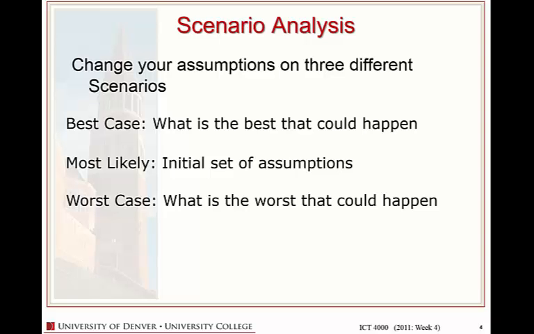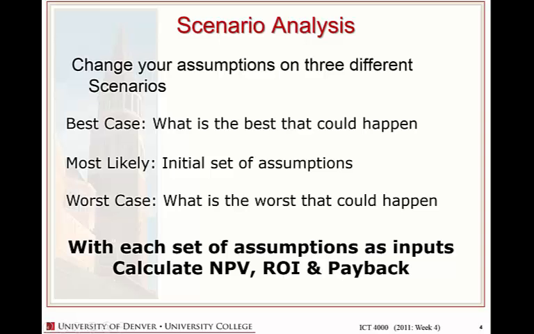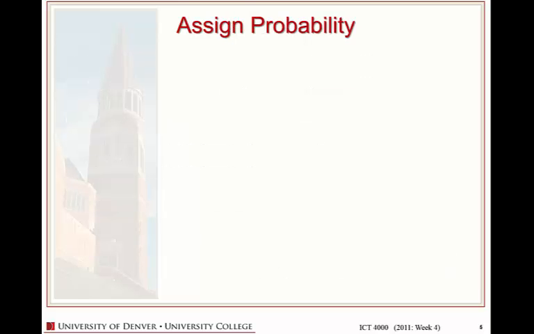And what you would then do is, for each one of those cases, based on your assumptions, calculate the NPV, the ROI, and determine the payback. And once you have 3 sets, in this case, of net present values, return on investments, and payback, then you would assign a probability.